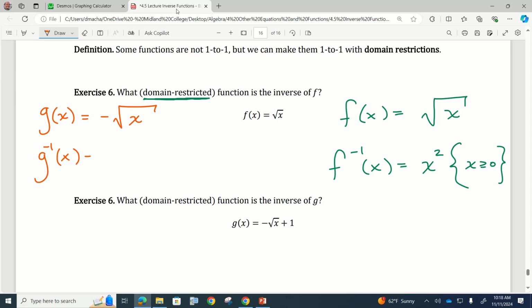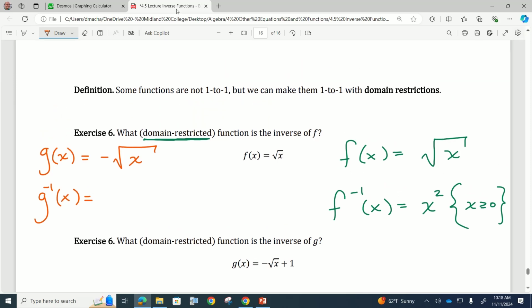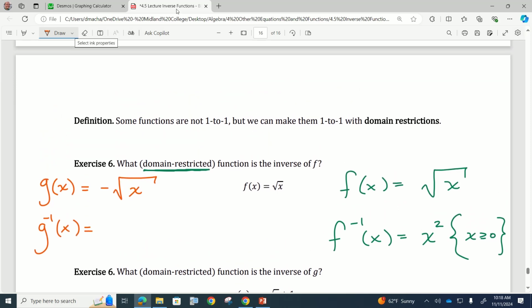If my function is negative square root of x, what's the inverse function? Okay, let's swap and make y equal to x and x equal to y.